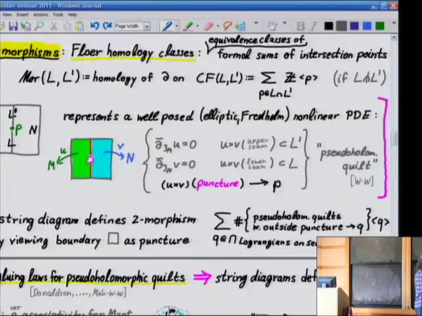And so then again, I need to make sense of a PDE. And now what I'm going to do is, conformally it's all the same. But in terms of the Sobolev spaces that I set up, I'm thinking of this as an infinite end.